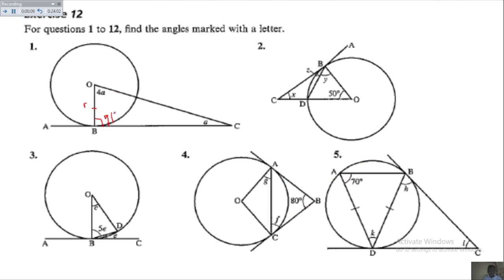Now I've told you about this. This will be 90. Automatically, this one is radius, this radius. This one too will be the same thing. You understand? Then this radius, this tangent, this one too is 90.